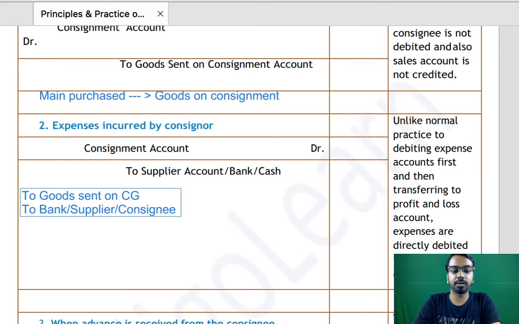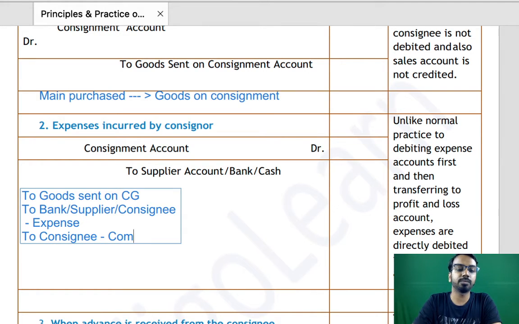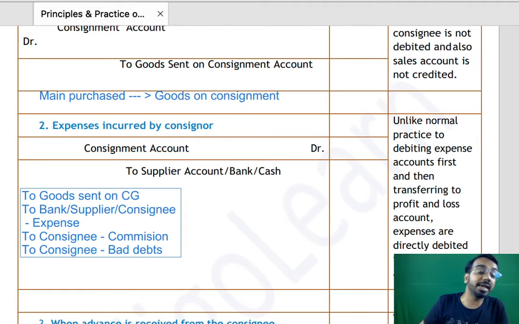This is for expenses. Then to consignee for commission, to bad debts, to consignee for bad debts. Now, this credit to consignee for bad debts will be done only and only if there is no del credere commission. Otherwise, this entry will not be passed, right? So, these are all the expenses.